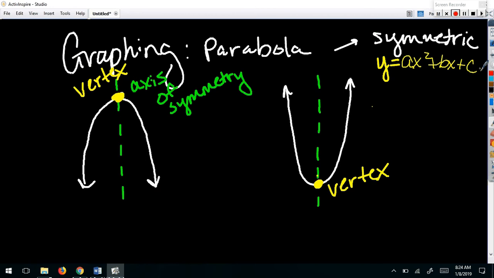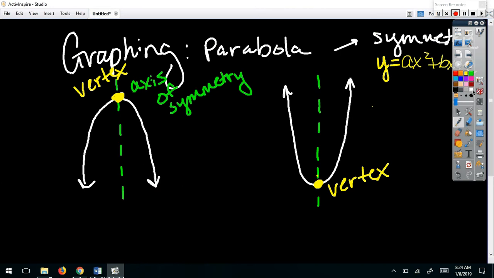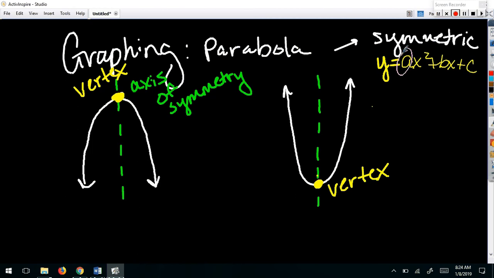This a in front tells us whether the graph opens up or down. Okay? If a is positive, then the graph opens up. But guess what happens if it's negative? It opens down.